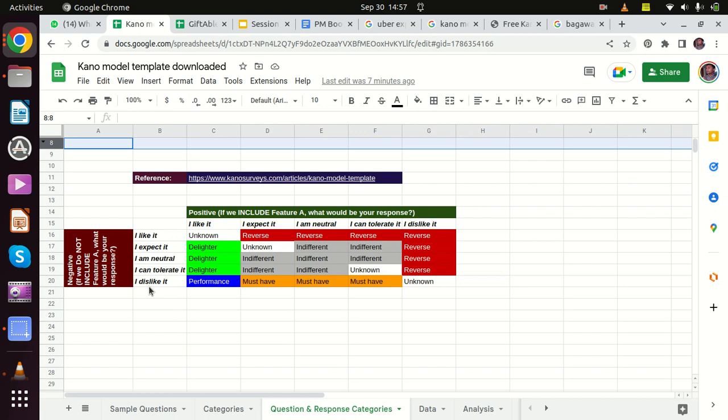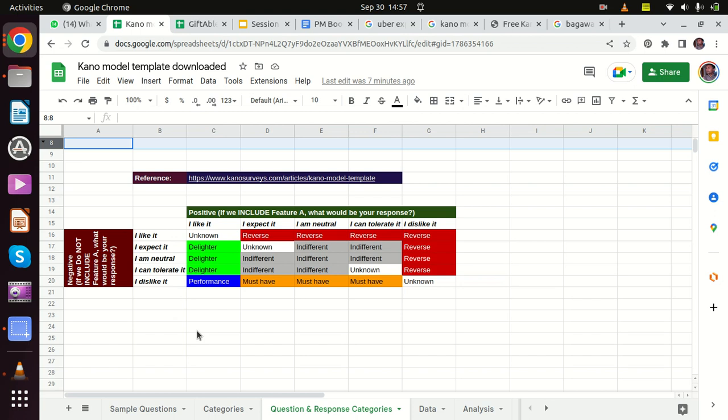For the dysfunctional question, the customer says, if you do not include it, I will be unhappy or I will dislike it. That, my dear friends, is a performance feature, because the customer is happy if you are providing it, and will be unhappy if you do not provide it. Very simple, straightforward.